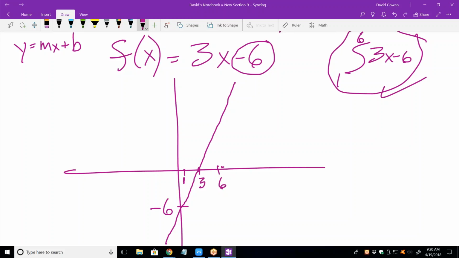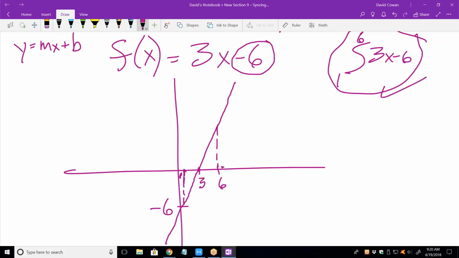So what area are we talking about? We're talking about that area right there. Now, when they said use geometry, we don't need calculus here. We know what the areas of triangles are. Yeah. Well, that's 1.